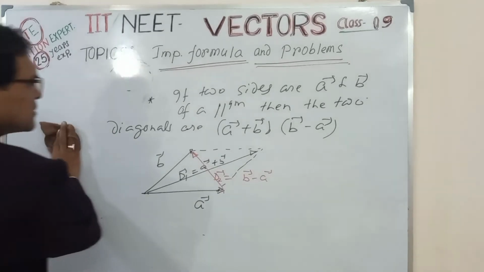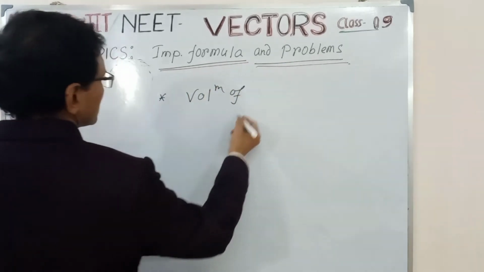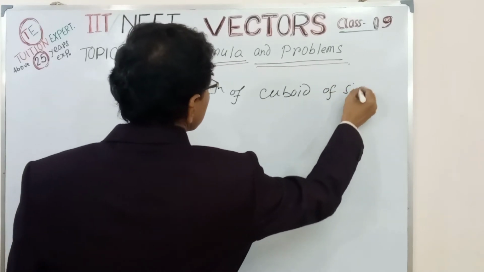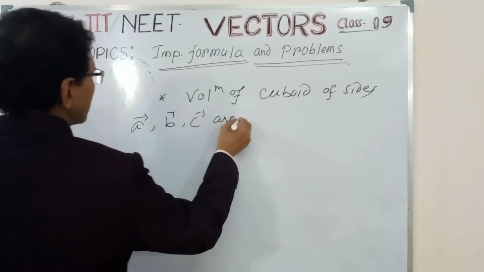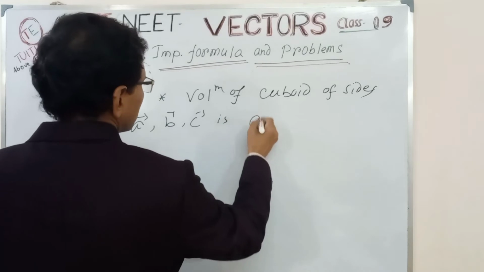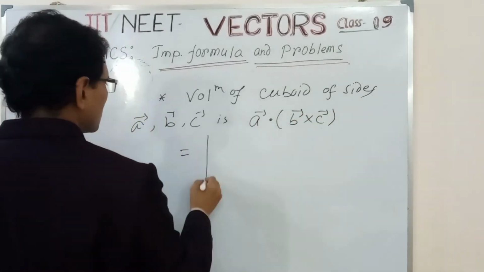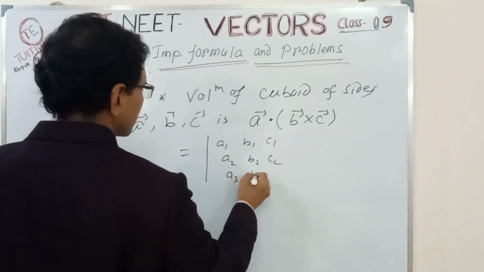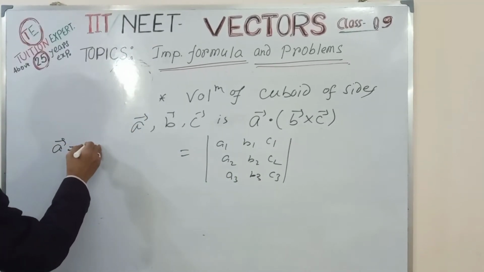Next formula, volume of a cuboid of sides A, B, C is A dot B cross C, which is equal to this determinant, if the vectors are given in component form.